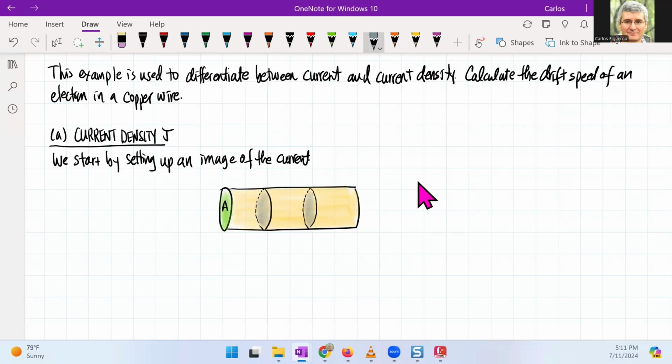So when I'm looking at this, what I'm finding here is that we have a lot of electrons.